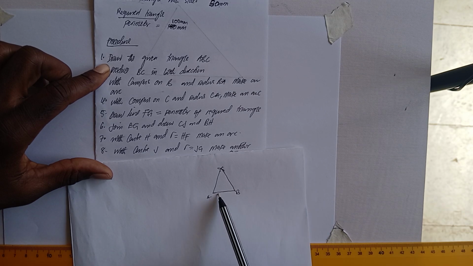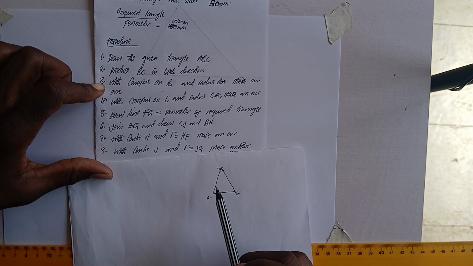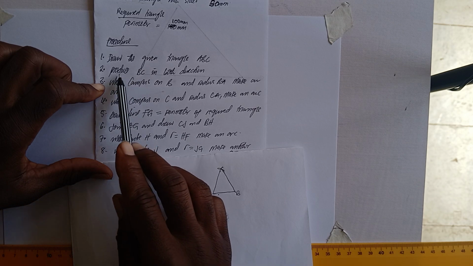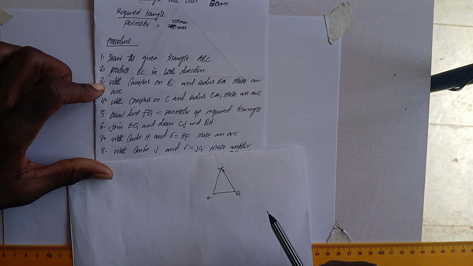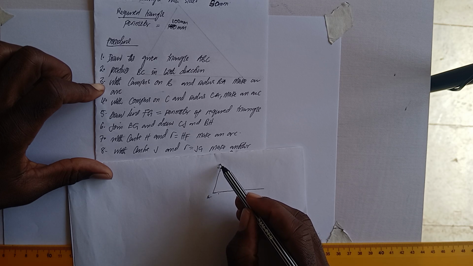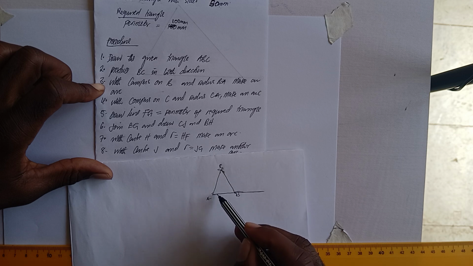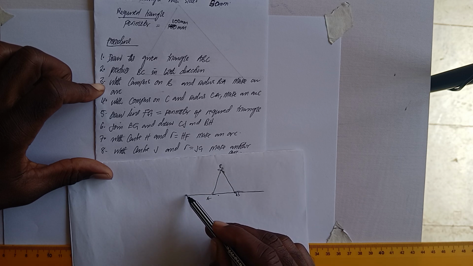Okay, so after constructing that, we are told to produce BC in both directions. So we produce this length from here, we produce that length there, and this length we also extend it there.